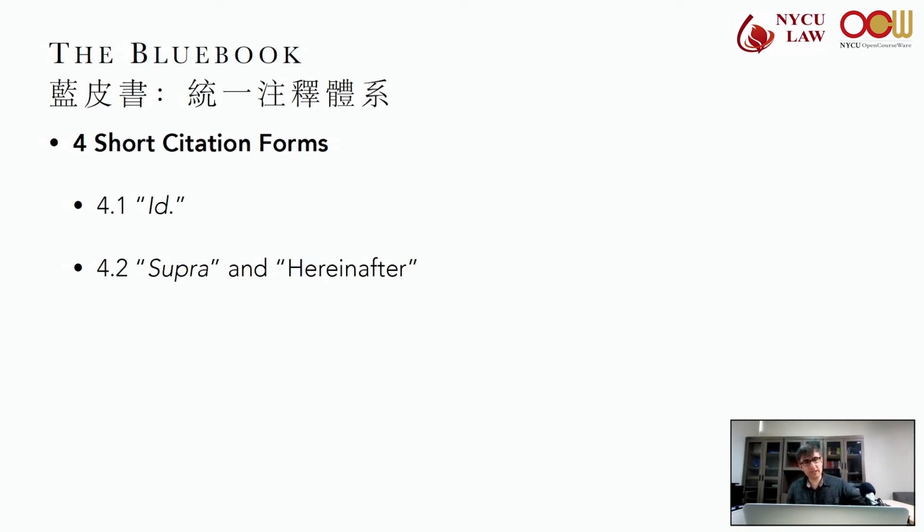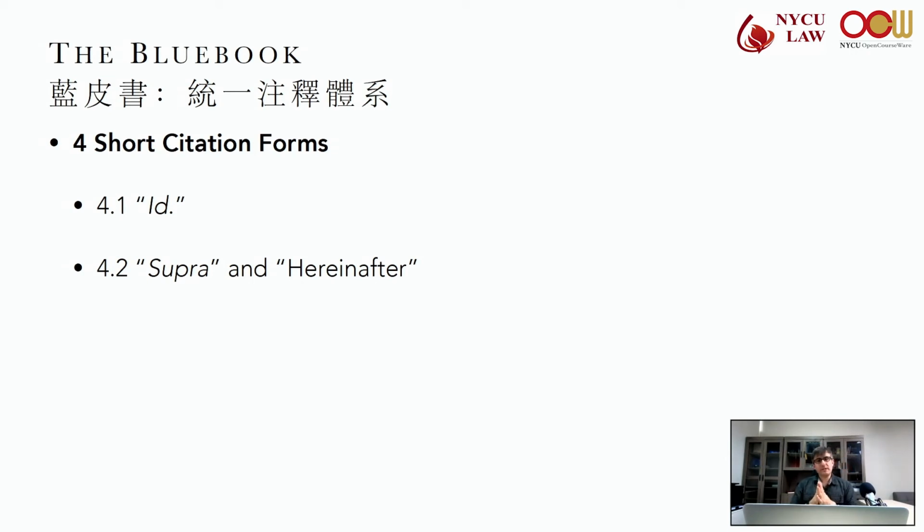In footnote 27, you can see last name of the author, comma, supra in italics. And then note 16, we're indicating where the full citation occurred. In this example, footnote 16 with a comma. And then we're indicating how the pin cite differs from that original citation. Here we're saying at 6.